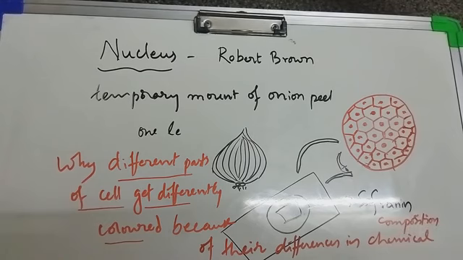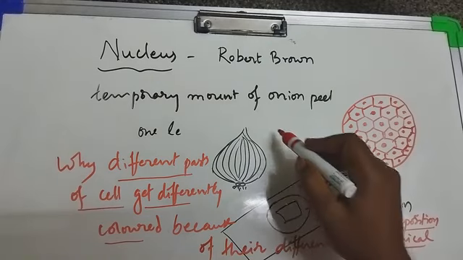Different parts of the cell have different structures that have differences in their chemical composition, and due to the differences in their chemical composition, they get differently colored. They do not get evenly colored.